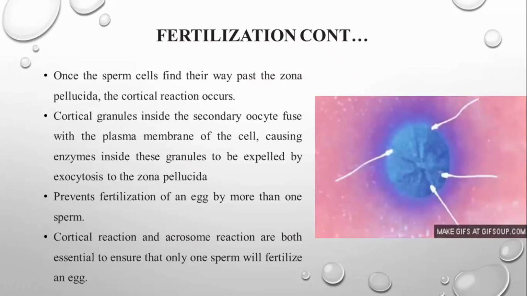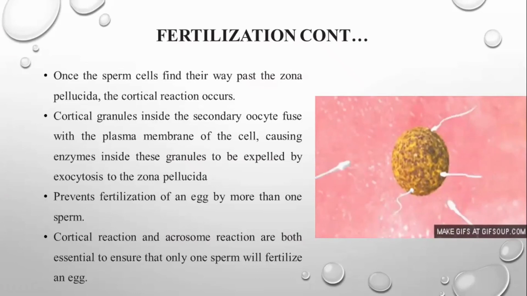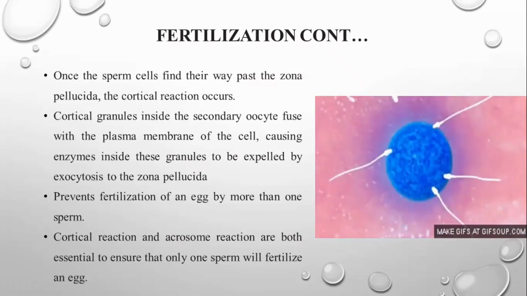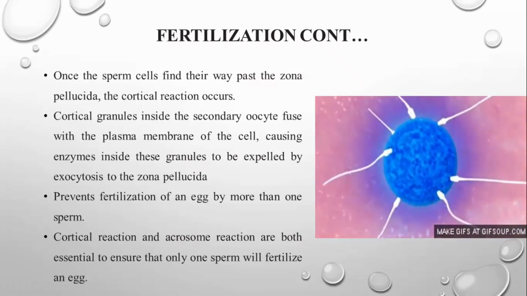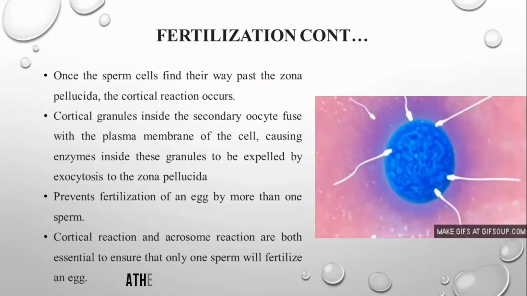Then non-identical twins, as I said. There is some chance, due to some physiological condition or environment, that ovulation takes place in both ovaries at a time. This is a very rare situation.